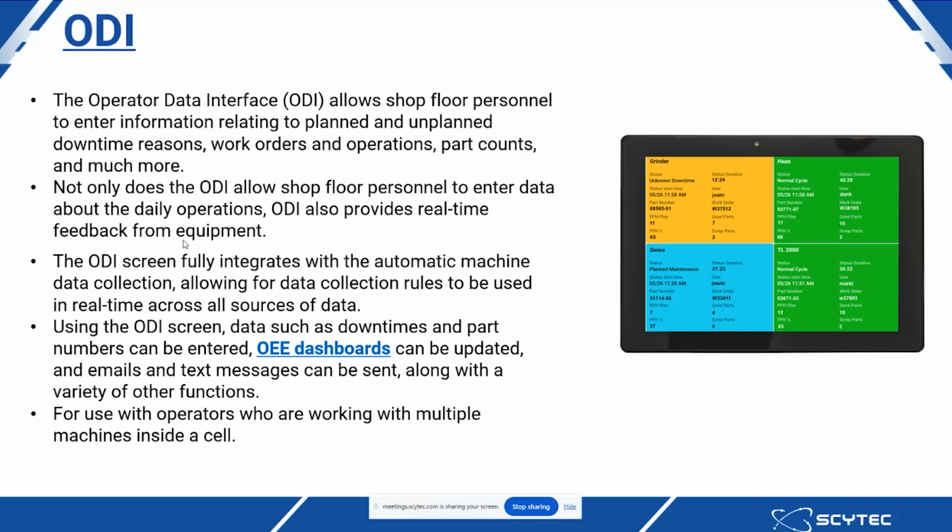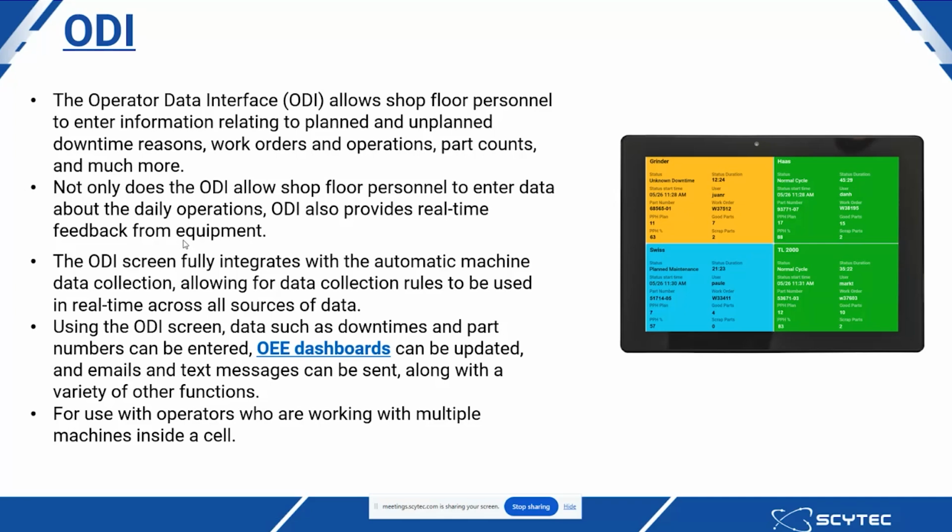So a good use case for the ODI would be for operators who are working with multiple machines inside of a cell. If you see that image over there on the right, we have what would be indicative of an operator working with 4 machines inside of a cell, including a grinder and a Haas machine. And you can see some data points that can be populated inside of what we call the equipment overlay.